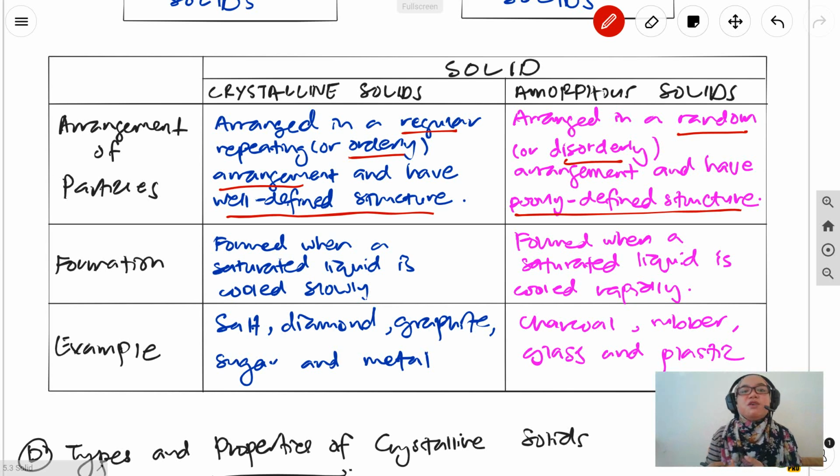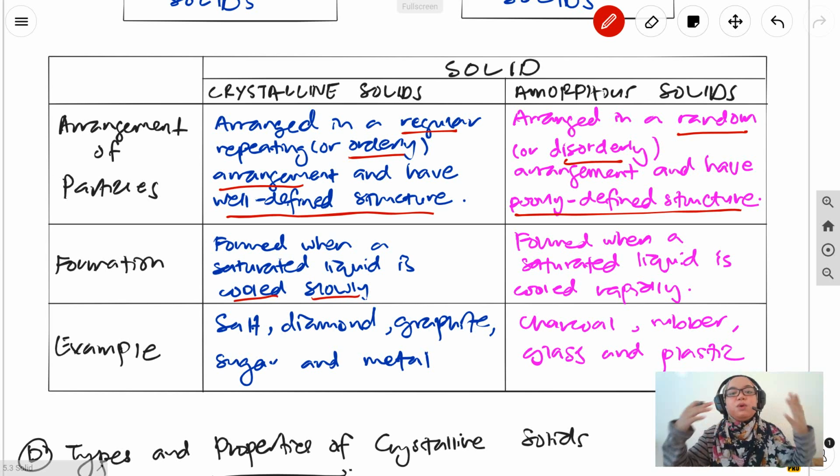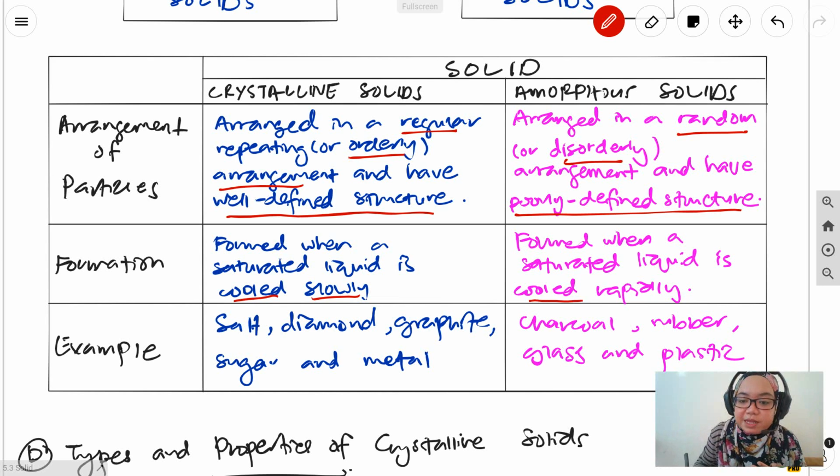So, now we look at how these solids form. For crystalline solid, it is formed when a saturated liquid is cooled slowly. So, when this liquid is cooled slowly, it will form a crystalline solid. However, when the saturated liquid is cooled rapidly, it will form an amorphous solid. Amorphous solid with a poorly defined structure.